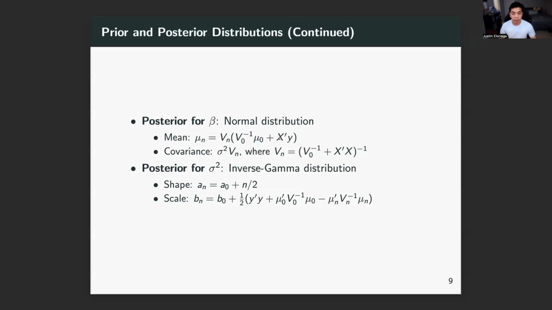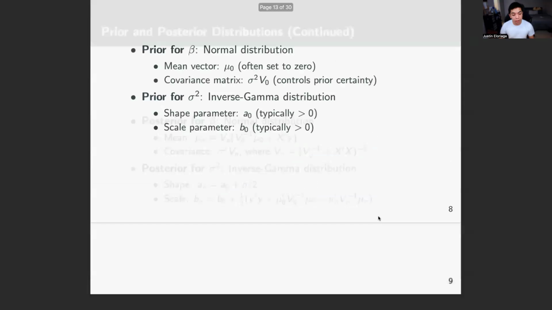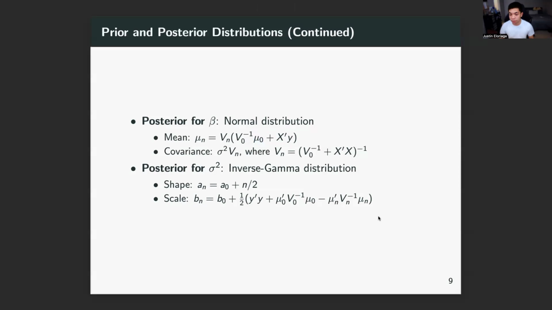The covariance follows a similar story. And our posterior for the error variance follows the same. It's a function of prior information, the hyperparameters we've had, and new data coming in. So that's what we have for the priors, and those are the posteriors.